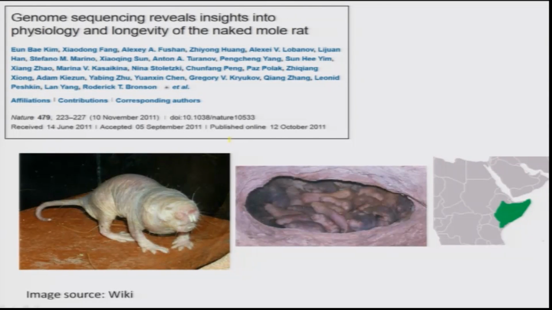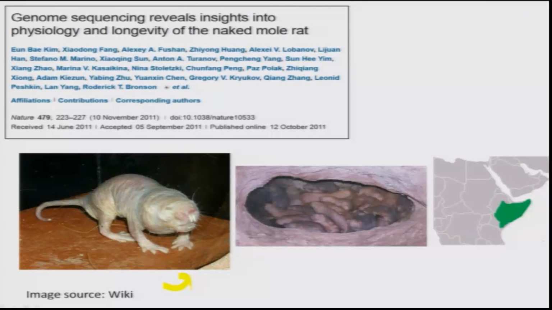Now I'm going to talk about some unique species, the species that have the power to live beyond what humans can imagine. So I'm going to talk about one ugly animal, looks ugly, but a phenomenal animal in terms of its ability.